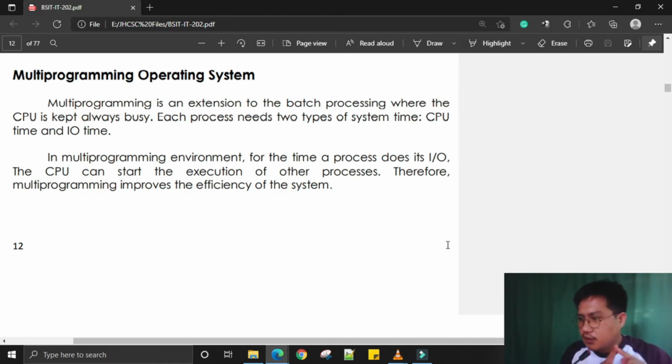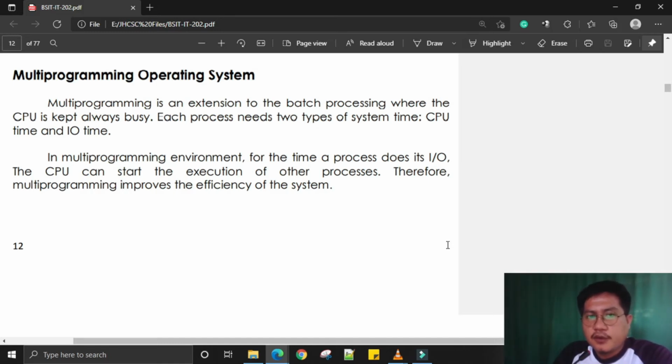So there is a chain, like a chain. The CPU or the processor will not get starved because it continues to process while it is accepting input or producing output. So that's the difference in the multiprogramming operating system.